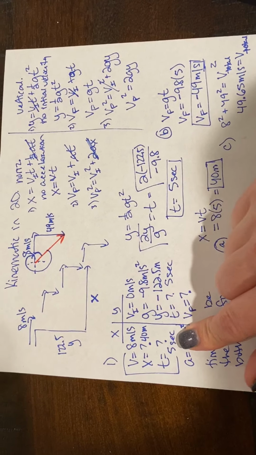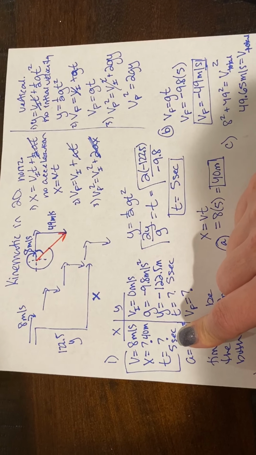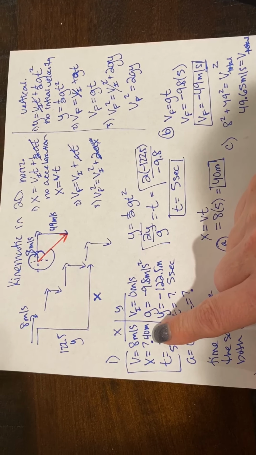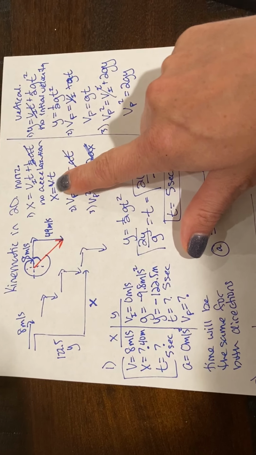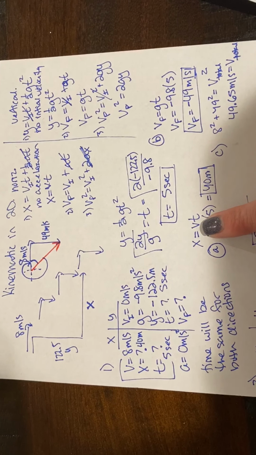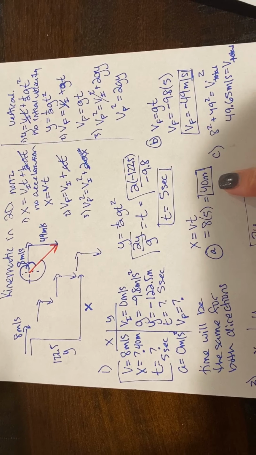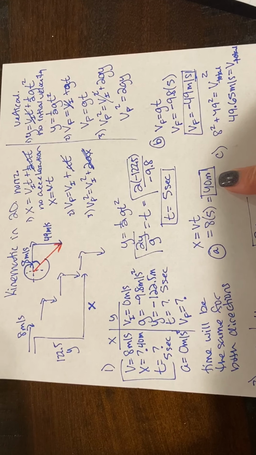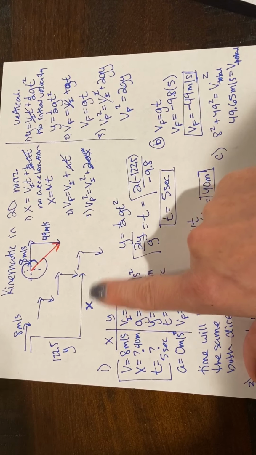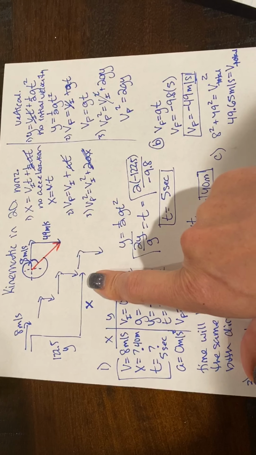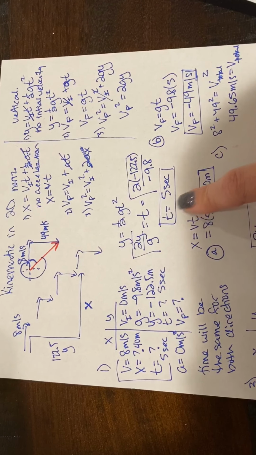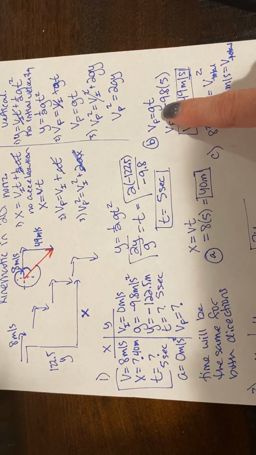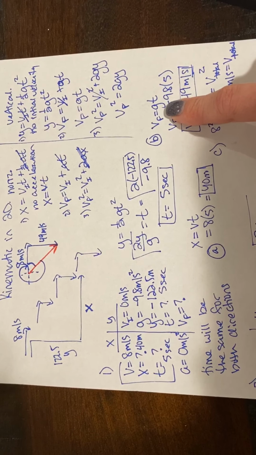With our time, we have enough information to find my displacement. Using this first kinematic up here, I just copied it down here and plugged in my numbers to give me 40 meters. This is my horizontal displacement, my displacement in the x direction. The second question asks, what's the final velocity in the vertical direction?